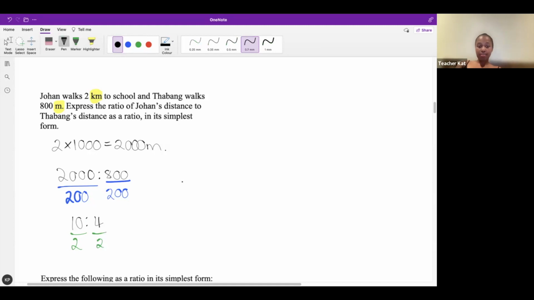So then my final ratio is, excuse me, 5 to 2. That's correct. Nice, guys. Beautiful. So if you do not use the highest common factor, it's not a train smash. You're just going to have an additional step, where you have to simplify it again.